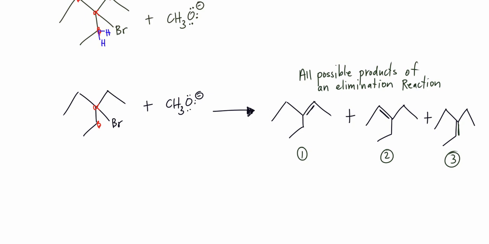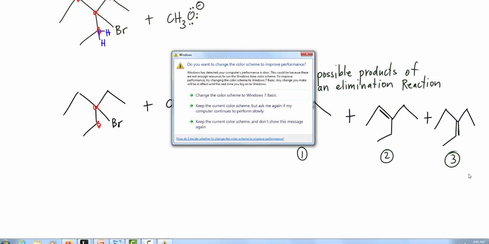In order to do that, we must recognize the alpha carbon and the beta carbon, lose the halogen and a beta hydrogen, and draw a double bond between the alpha and beta carbon.